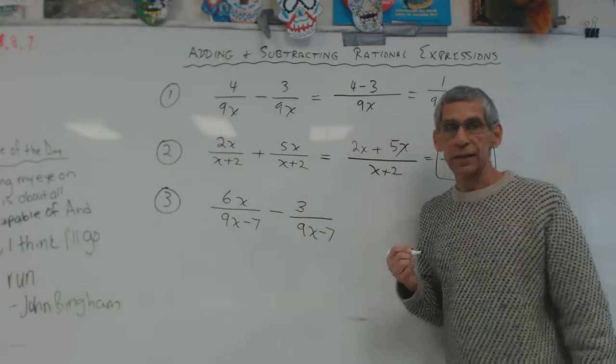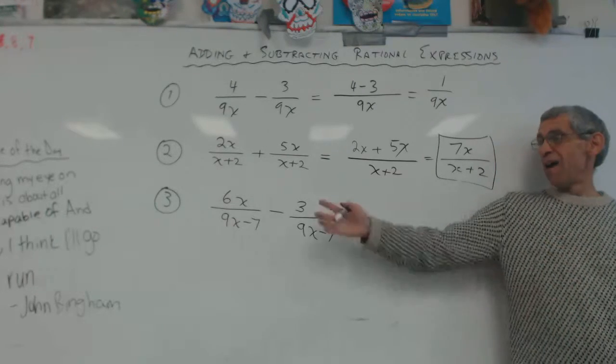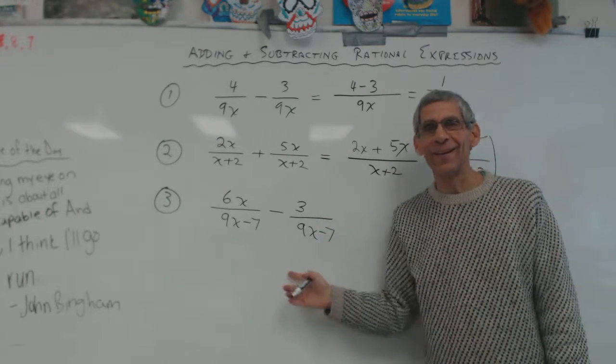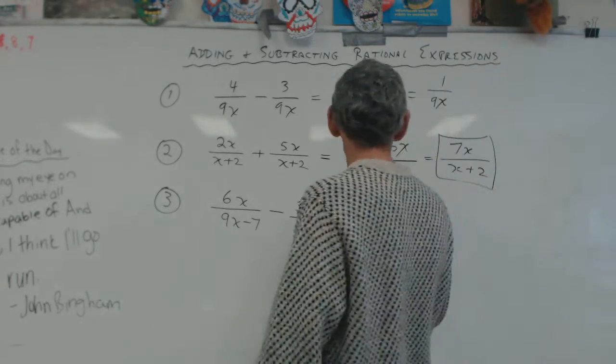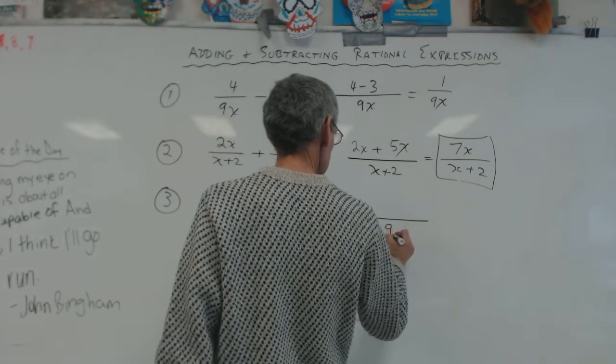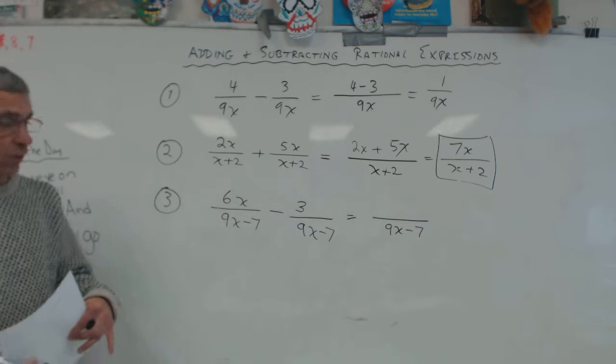Oh my God, this looks like a nightmare. Oh, the denominators are the same, right? Yes. Okay. All right, so we can immediately write our denominator of 9x minus 7. And then I have to put my numerators together.